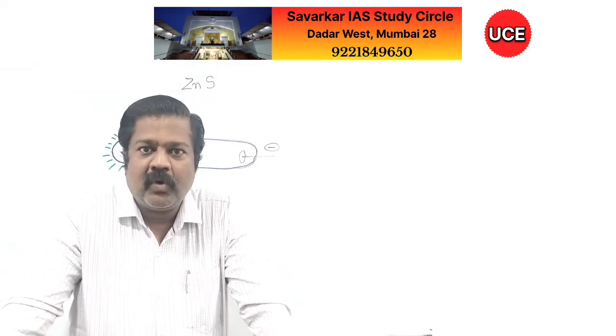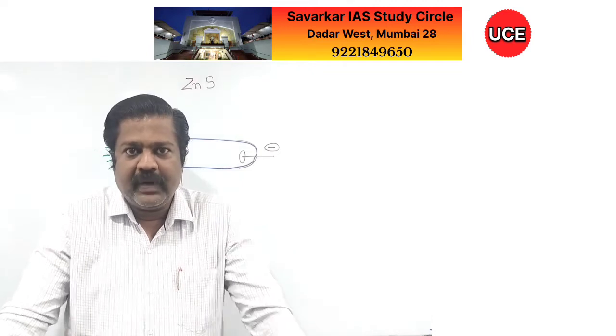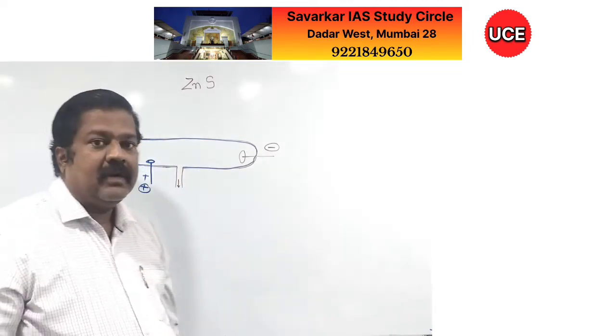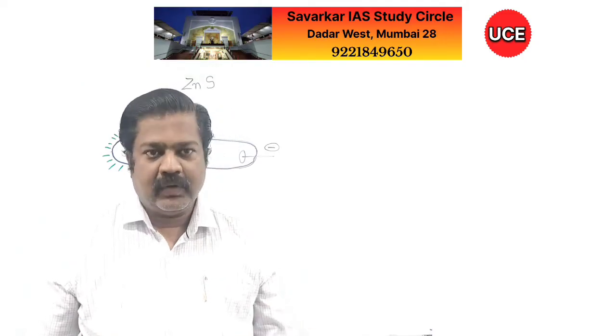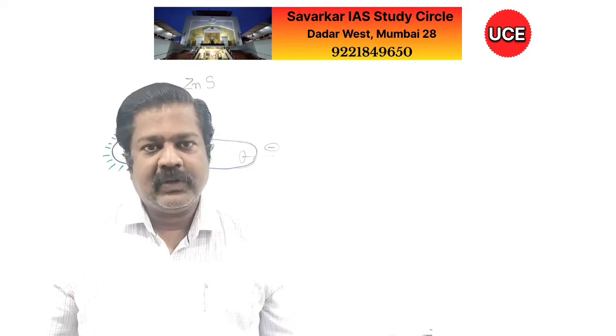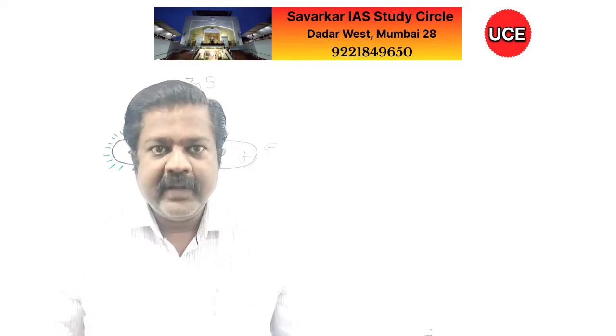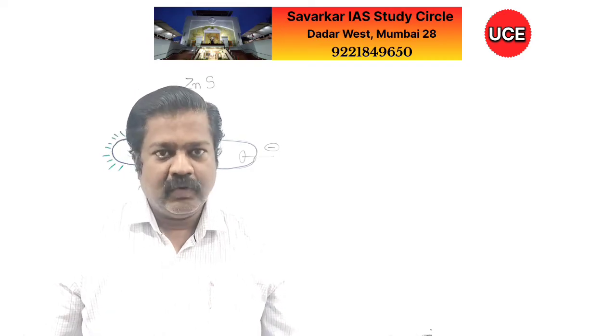Presence of the anode is important, but direction of the anode is not important. You can place the anode anywhere. So this way, the first data of cathode rays that we got: cathode radiations are produced by the cathode, they are perpendicular to the surface of the cathode, and position of the anode does not matter.